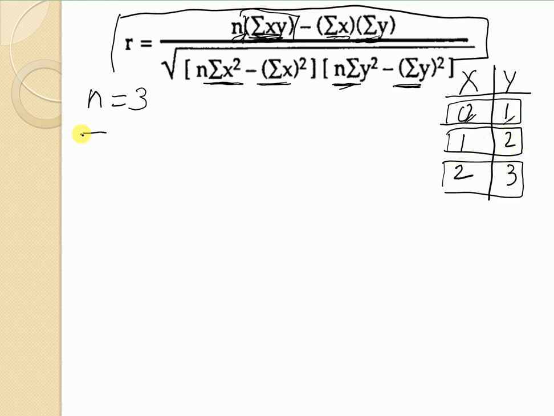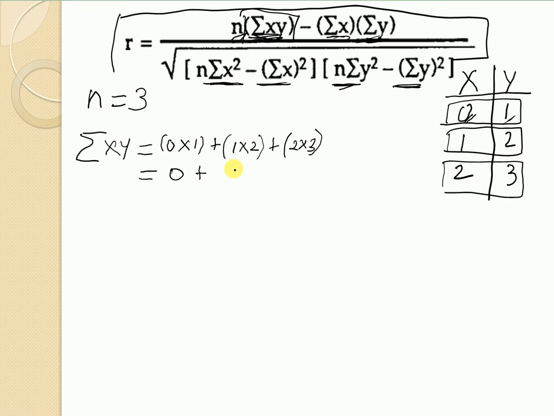So the sum of xy equals 0 multiplied by 1 plus 1 multiplied by 2 plus 2 multiplied by 3. So 0 multiplied by 1 is 0, plus 1 multiplied by 2 is 2, plus 2 multiplied by 3 is 6. So the sum of xy equals 8.